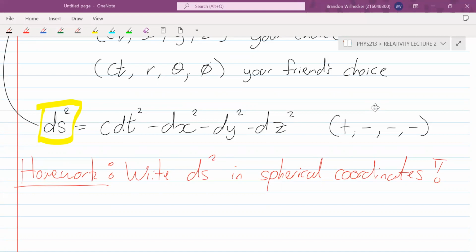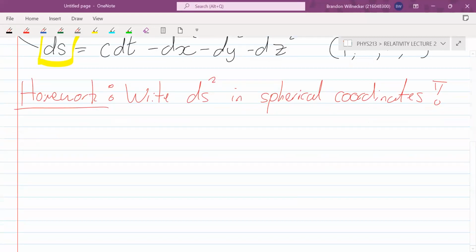If I'm viewing something, I will say that I see X. If you view something, you say you see Y. Now, why are they different? It's because we have two different viewpoints on this thing. But objectively, it should be the same thing. So let's take a look at the first phenomenon, time dilation.